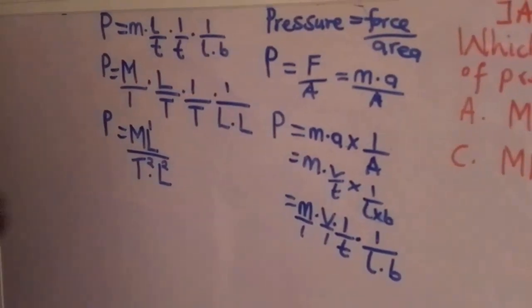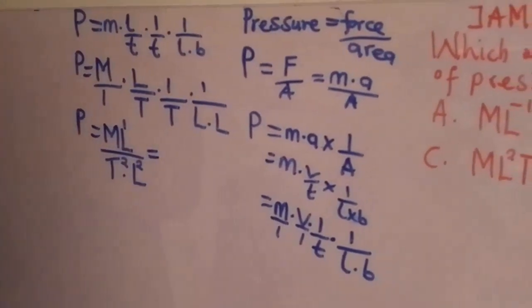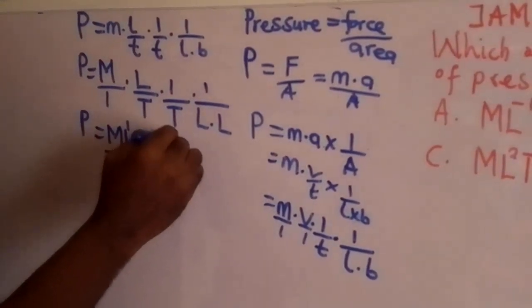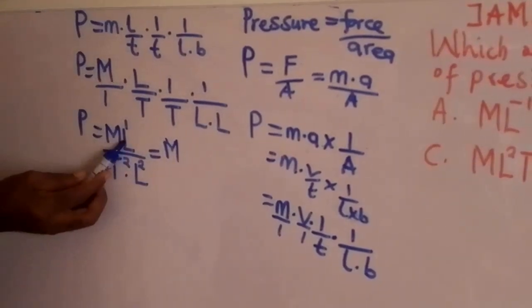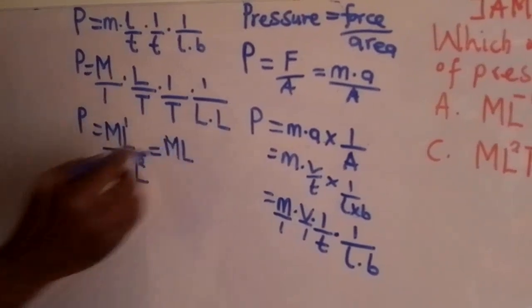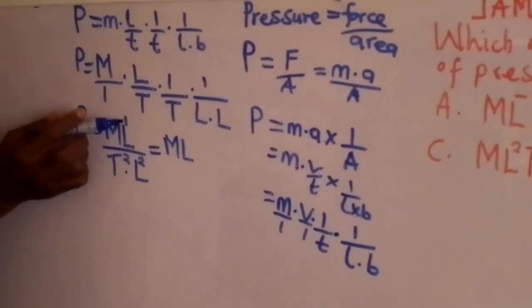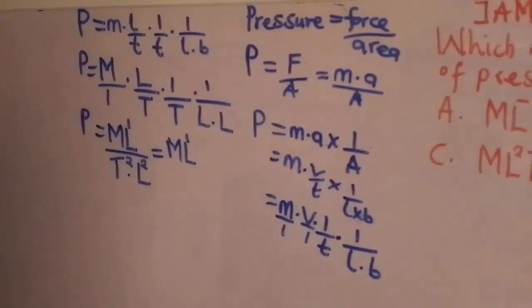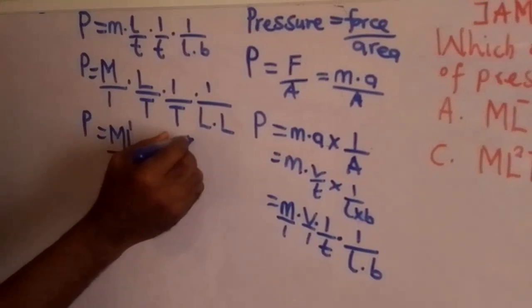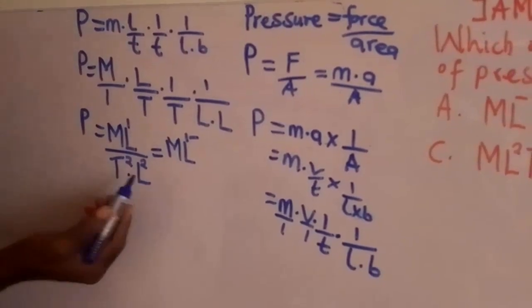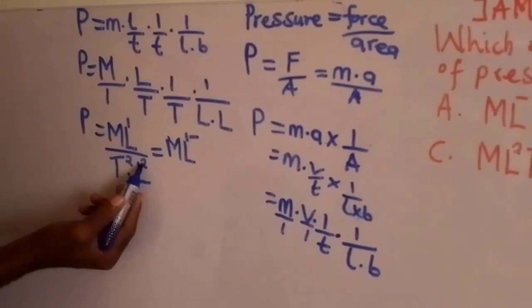What do we do now? Small indices. There's only one M on the numerator. We just write it down. There is L in the numerator, L in the denominator. So we take one of them, write it down. What is the power of L in the numerator? 1. In indices, division means subtract the indices. What is the power of L in the denominator? 2.